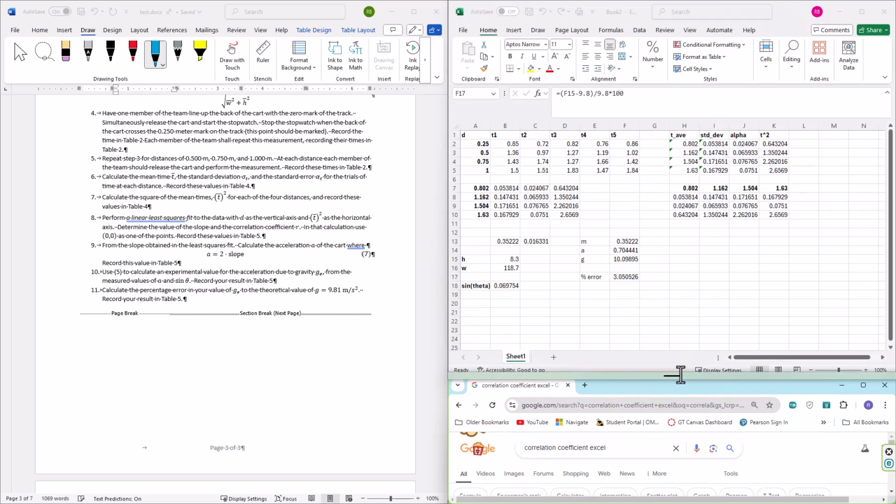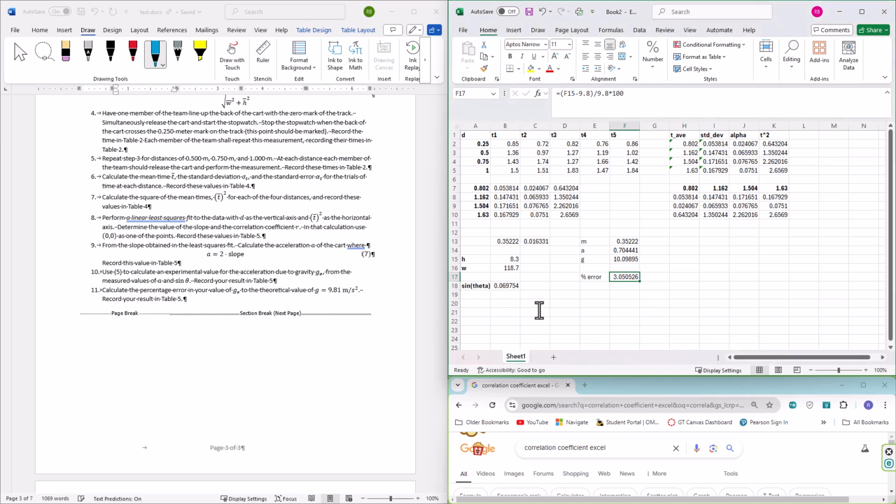The correlation coefficient is a measure of how linear the relationship is between those two data sets. If the correlation is very close to 1, then it is very linear with a positive slope. If the correlation is -1, it is very linear with a negative slope. So that's what we're going to try to figure out here.